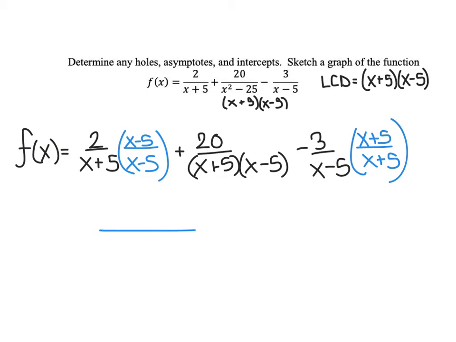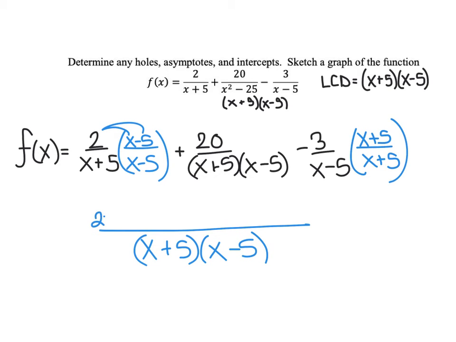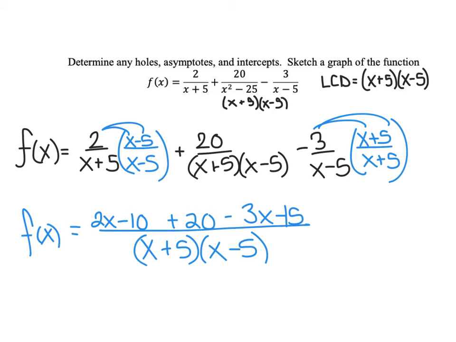So now I can rewrite all of this with the common denominator. And I'm going to distribute the 2, which gives me 2x minus 10. I can just recopy the plus 20 in the middle. And now I'm going to distribute the negative 3. So negative 3x minus 15. And I need to combine my like terms, which looks like I get negative x.